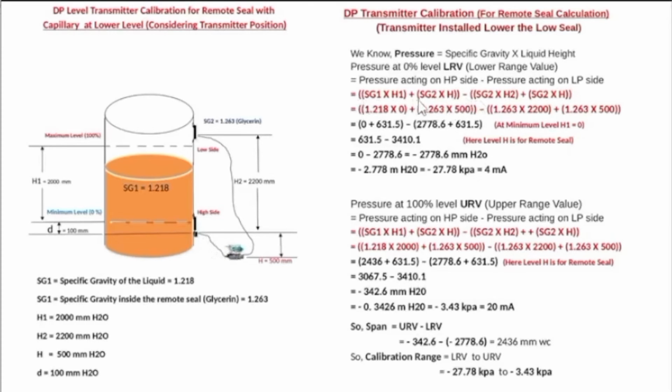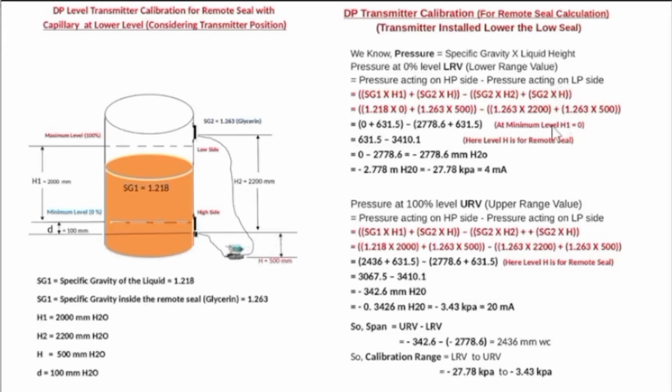So here is plus, and on the other hand minus this pressure acting on the LP side. That means Hg2, this glycerin specific gravity into this height, and also for this pressure from here to here, for this height pressure will be added.